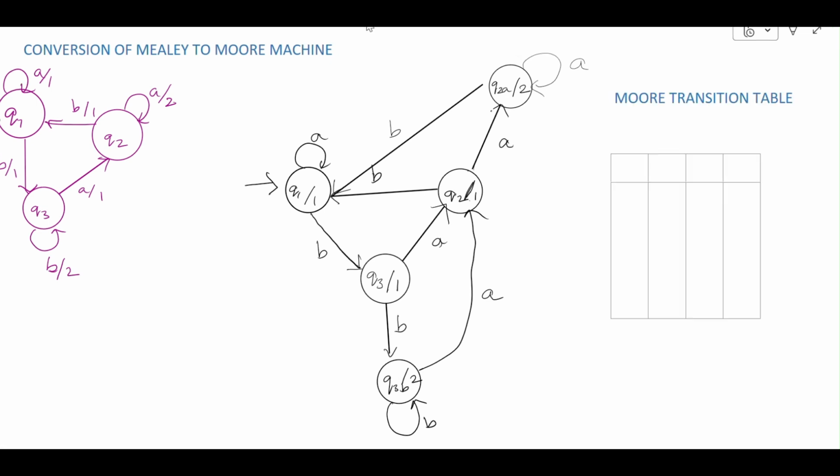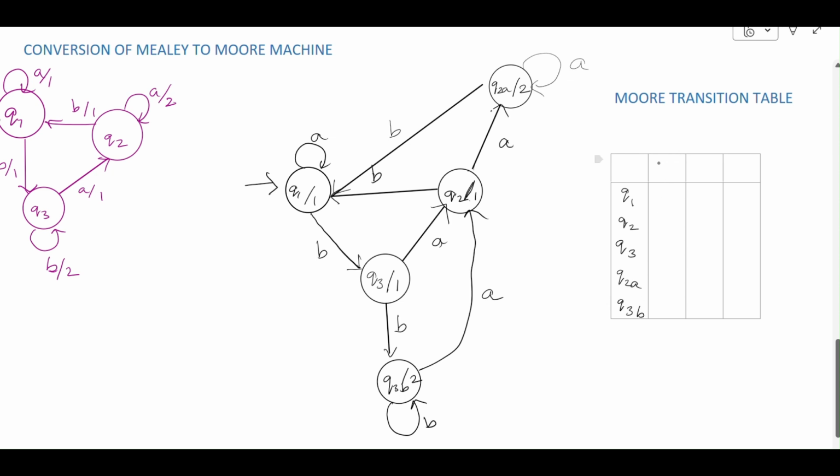Okay. Next step is to write the Moore transition table. For this, first write down the states here. What are all the states, including the new states found? It should be written here, that is Q1, Q2, Q3, and the new states found, Q2A and Q3B.